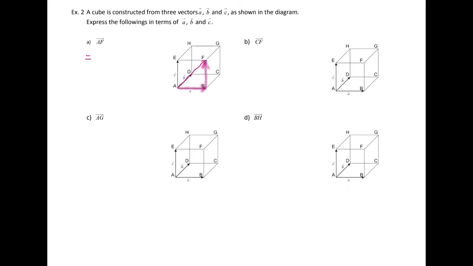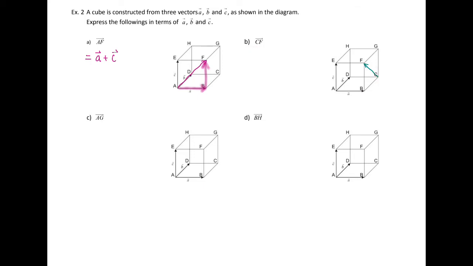And we can write vector AB using little a, and we can write vector BF using little c, because BF and vector AE are equal vectors. So therefore, we say vector AF equals a plus c. Part B, we want to find vector CF.